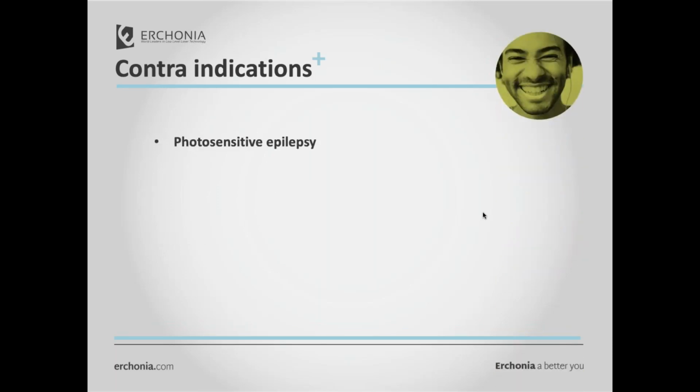So, contraindications. I would say to you, a contraindication for this is photosensitive epilepsy, even though we treat epileptic patients, but in the beginning, photosensitive epilepsy is a contraindication. Active cancers in the past 3 months. The reason for that is some clinicians worry about cellular proliferation because lasers proliferate cells.